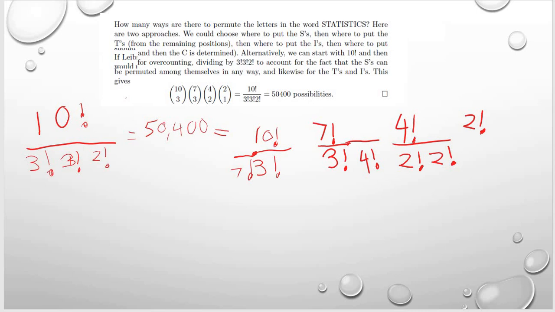Now, if I put this in the numerator, this equation should now be true because the 7 factorials cancel out. I've got 2 3 factorials, which I want. The 4 factorials cancel out. I've got a pair of 2 factorials canceling out, and 1 remains. But this is not yet one of those coefficients, is it? But if I put 1 factorial, then I've got what I am looking for.